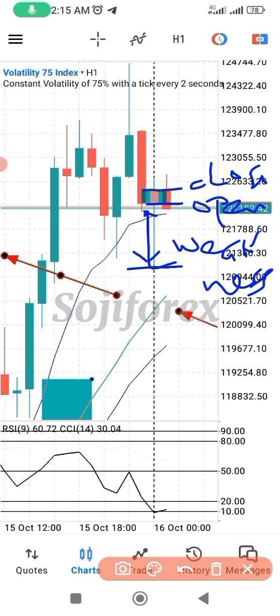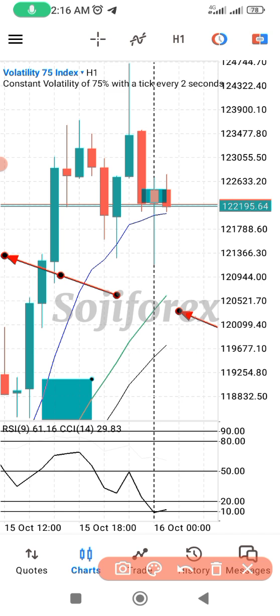That at the time, sellers tried to push the price down, but they couldn't take it down. Buyers came in and pushed the price up, and the candle closes as a pin bar candlestick formation. And what it's telling us is that for this particular price, buyers are in control of the market.